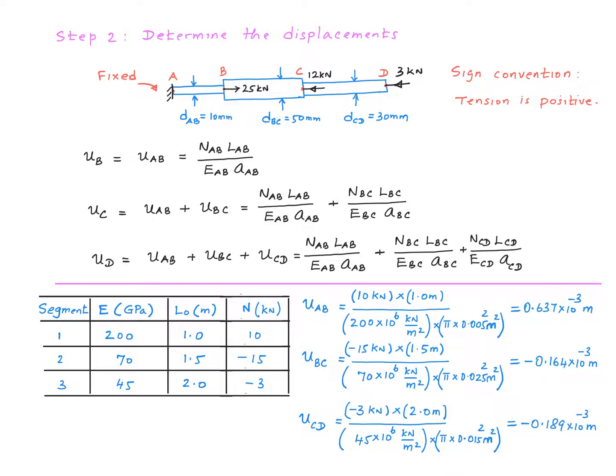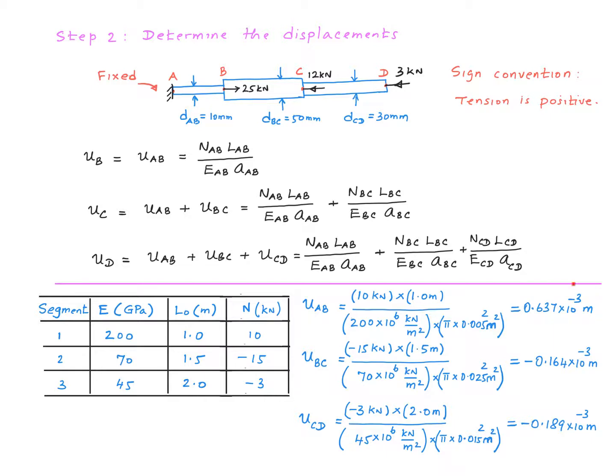Cross-sectional area of segment AB is pi r squared. The diameter of the first segment is 10 millimeter, and therefore radius is 5 millimeters. So let's express that in meters. That will be 0.005 meters, right? Let's square that.